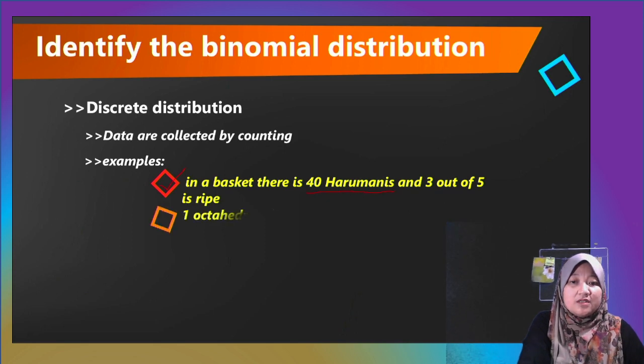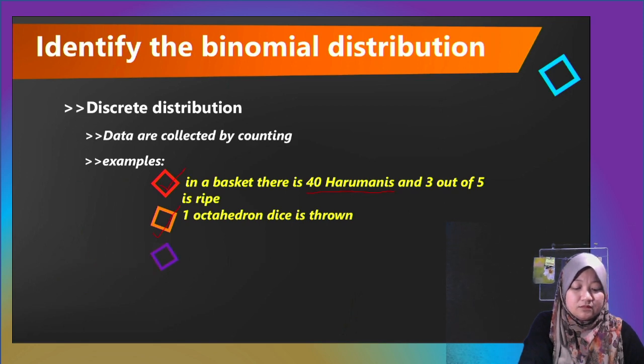Next example is 1 octahedron dice is thrown. Octahedron dice means this dice has 8 faces. So X is 1, 2, 3, 4, 5 until 8. So that one is a discrete number, so this case is a discrete distribution. Okay, next, the UPS 1 marks are collected.